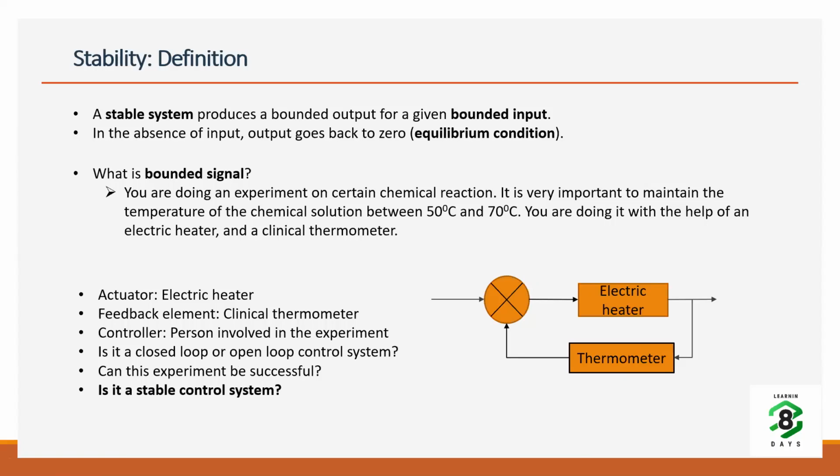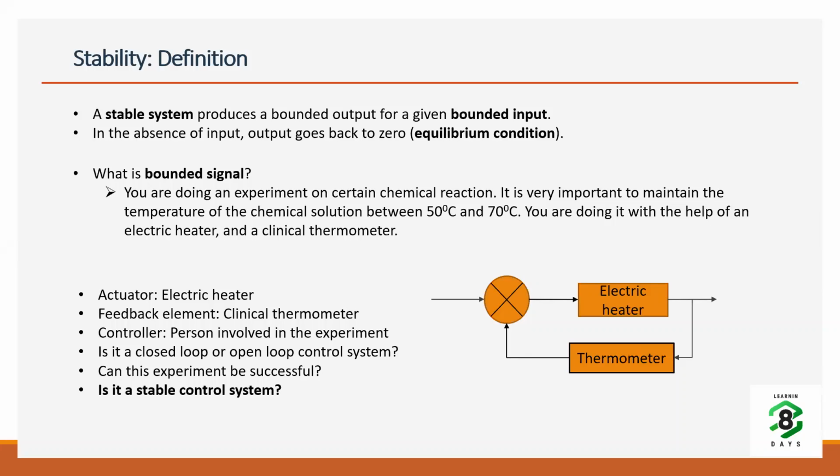The clinical thermometer can measure the temperature only within 35 to 40 degrees centigrade approximately. If the temperature is more than 42 degrees centigrade, your thermometer will not be able to show the temperature. It will saturate at the upper bound of the signal. The mercury level will hit the highest point and it will not show any temperature information.